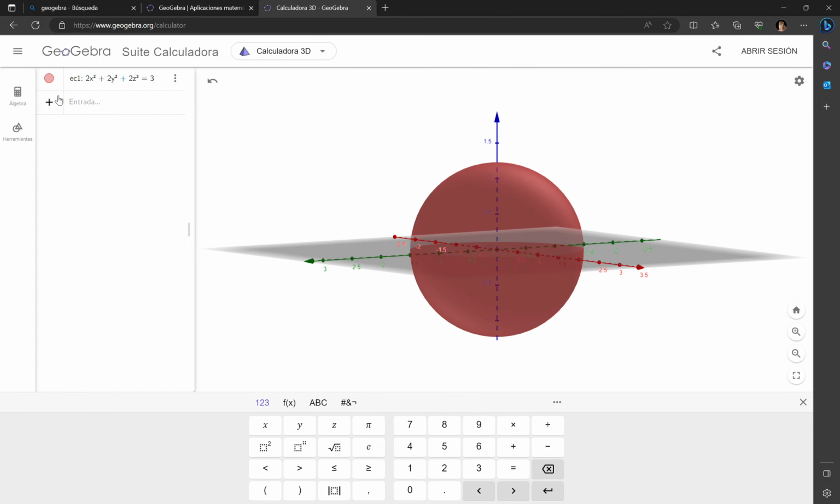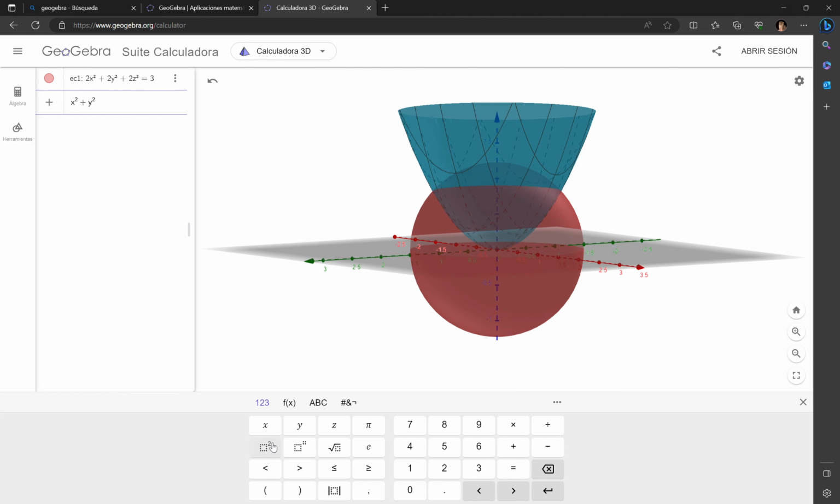The main difference between a cylindric and a sphere is that the cylindric has two variables, the x and y, and the result, and the sphere has x, y and z. You can look at the difference, so we write the first example, x squared plus y squared is equal to 3.